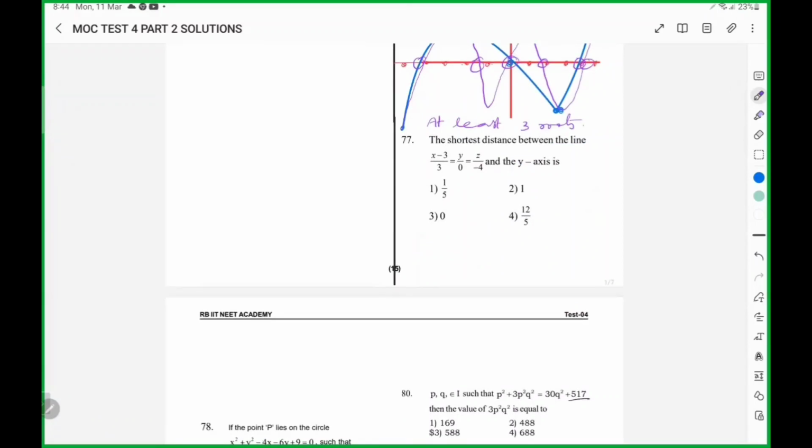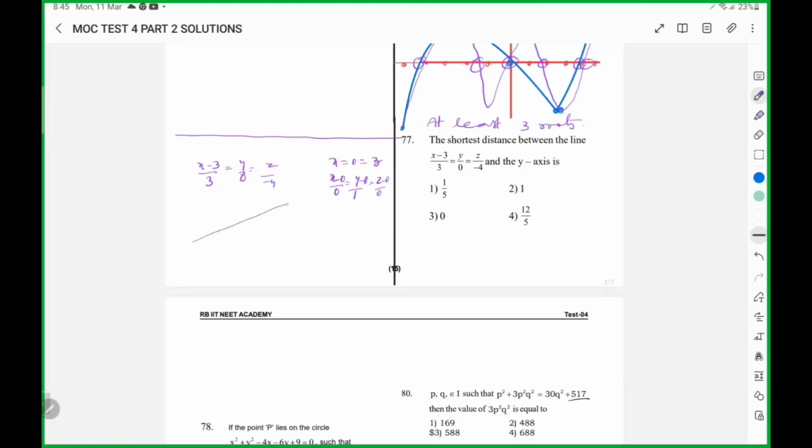Here, shortest distance between the points. So one line is given. Y-axis equation: x is 0, z is 0. It is y by 1, z minus 0 by 0.